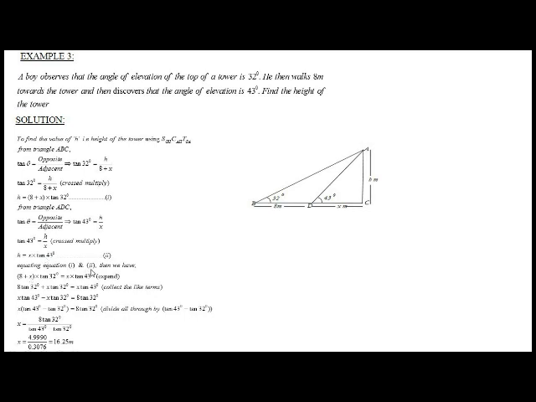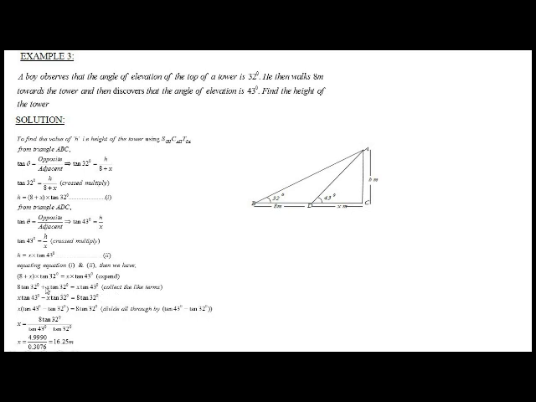So equating equations 1 and 2, we have height equals height, and 8 plus X multiplied by tan 32 is equal to X times tan 43. That is what we now have here. From there, we expand the left hand side. The tan 32 will multiply 8 and it's going to multiply X. That is what we did here, which equals X tan 43.